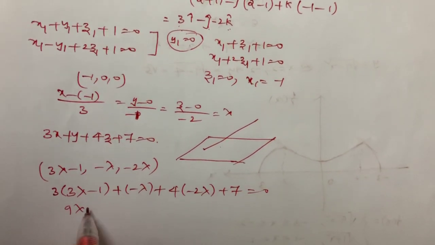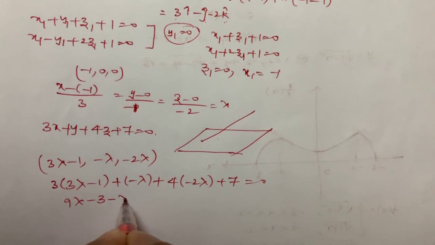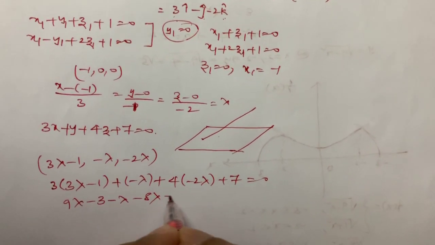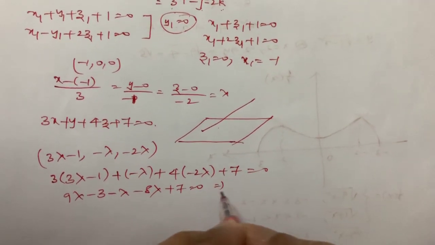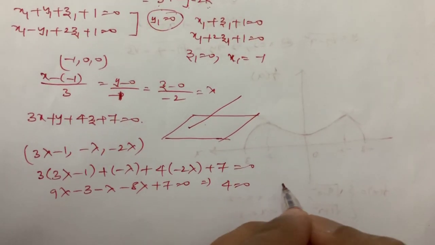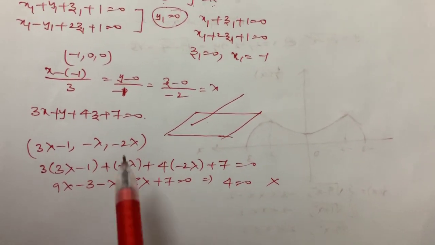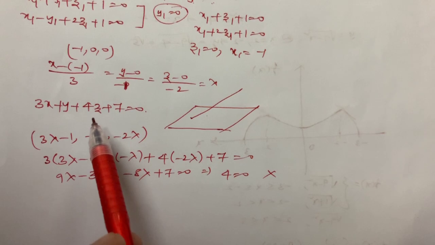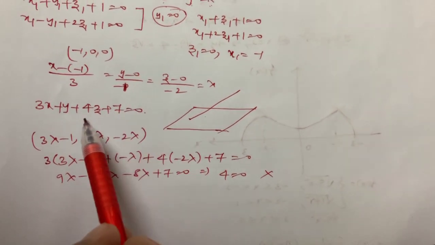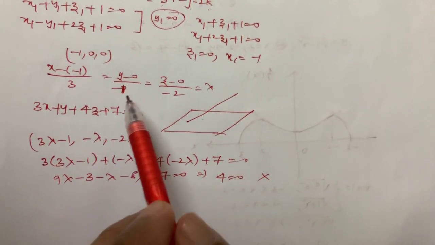This is 9 lambda - 3 - lambda - 8 lambda + 7 = 0. So it means 4 = 0, which is not possible. So the line and the plane are not intersecting each other.